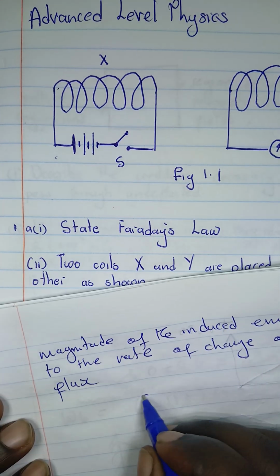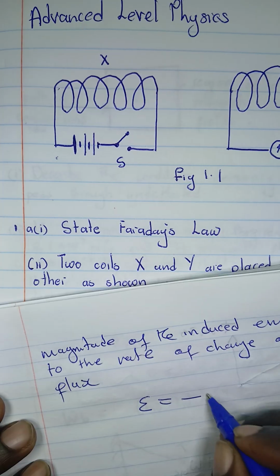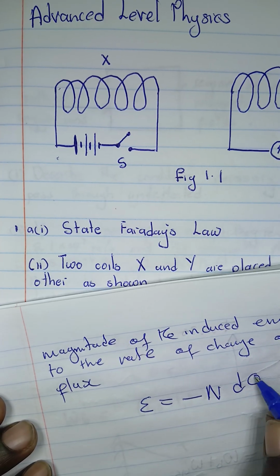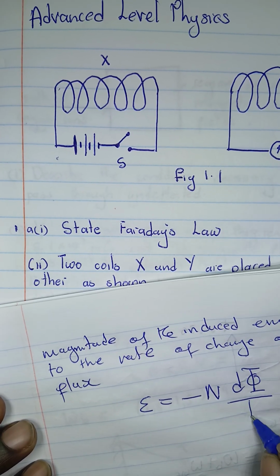So it's given by E equals minus N dΦ/dt.